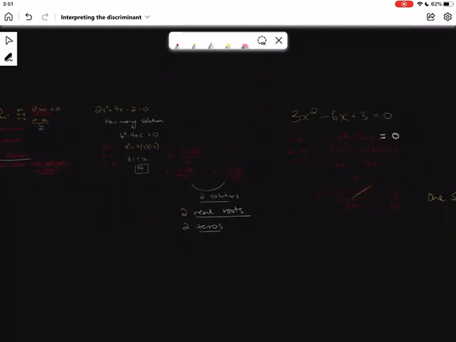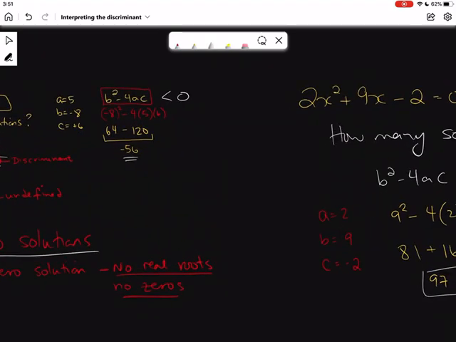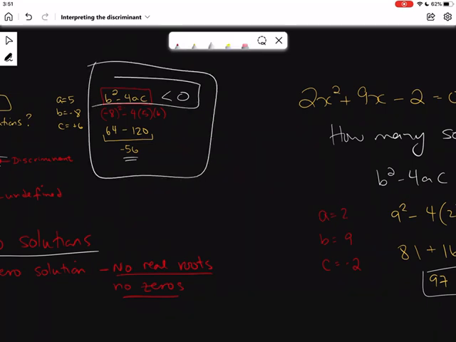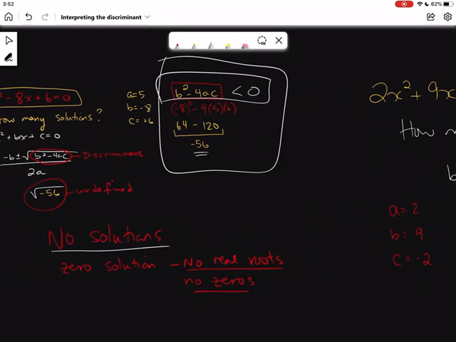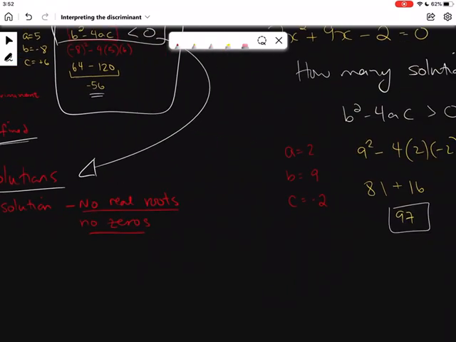So let's take a look here. When my b squared minus 4ac is less than 0, when it's negative, I get no solutions, because I have something that is undefined. There is no value of x that exists to make this equation equal to 0.